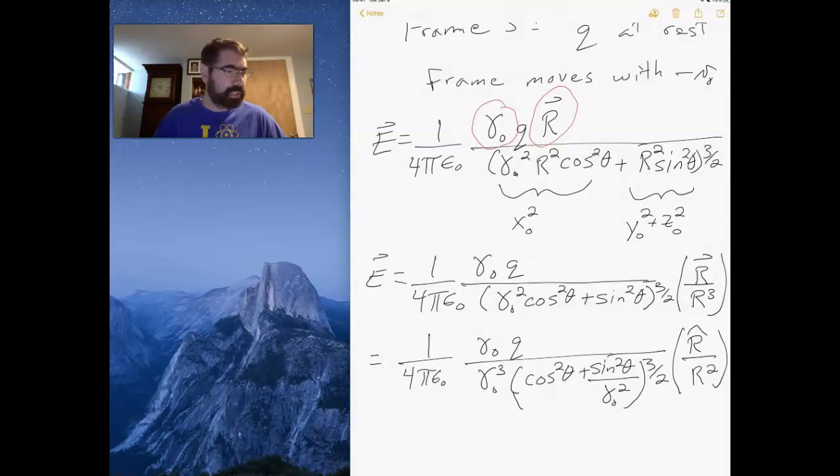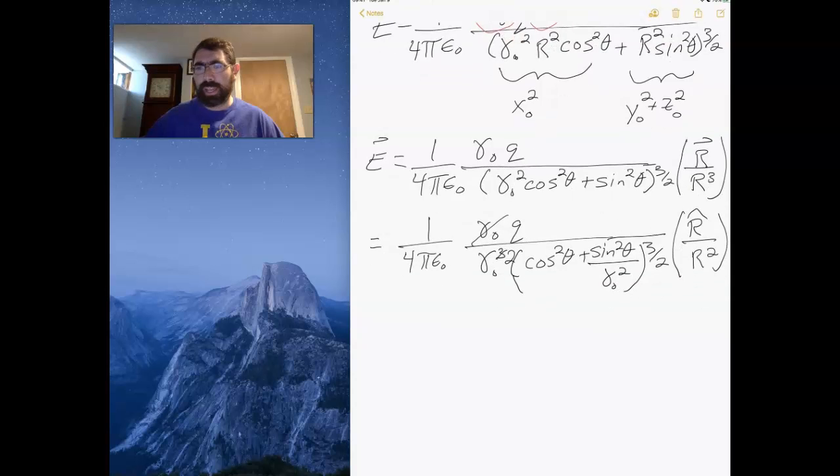And now, if I take a look at this, I can cancel one of the gammas, make this a gamma squared, and I can also put in what I have for 1 over gamma squared. 1 over gamma squared is just 1 minus v0 over c quantity squared.